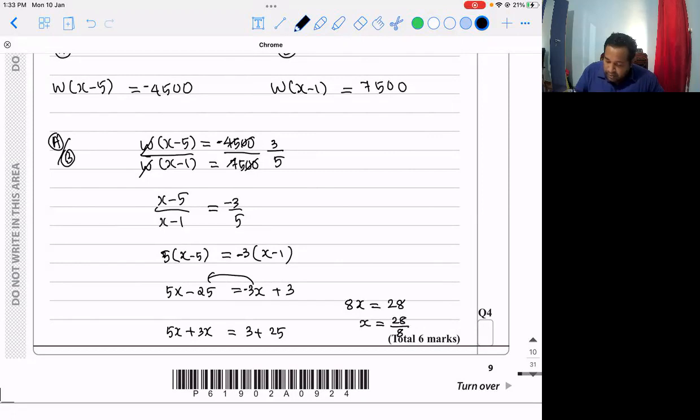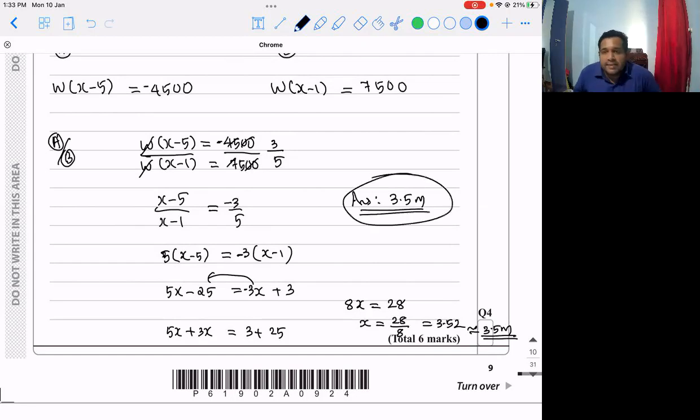So that becomes 3.52, approximately 3.5 meter. So the answer for this question is 3.5 meter. So the value of x is 3.5 meter. So that's the idea.